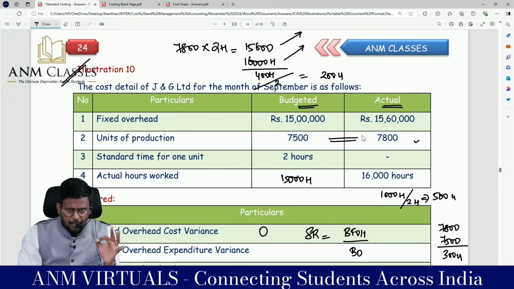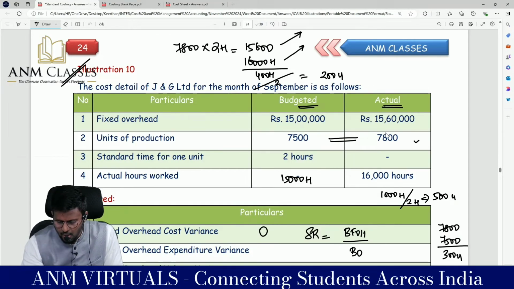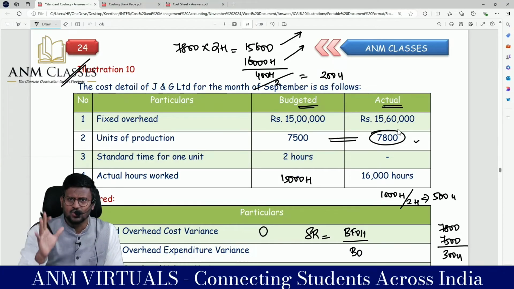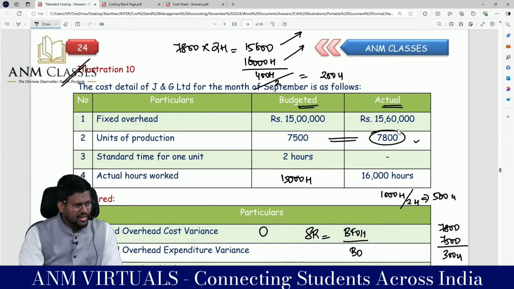அதெல்லாம் எஃபிஷியன்சியை பார்க்கிறேன். எவ்வளவு ஆக்சுவல் அவுட்புட்? 7,800 யூனிட்ஸ். ஒரு யூனிட்டுக்கு எவ்வளவு டைம் எடுக்கலாம்? அப்ப 7,800 into 2 போட்டா ஐடியல் டைம் இஸ் 15,600. ஆனா எவ்வளவு ஹவர்ஸ் எடுத்துருக்கேன்?